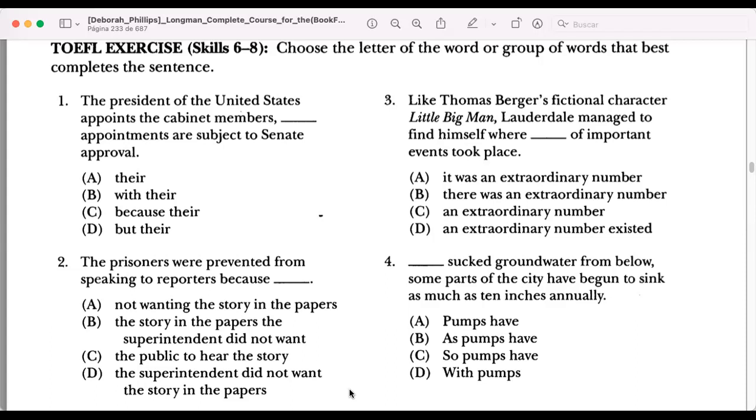Letter C, because their appointments are subject to Senate. That's right, because we have that connector, and after it we have subject and verb. Now you know how to answer this one, I guess.